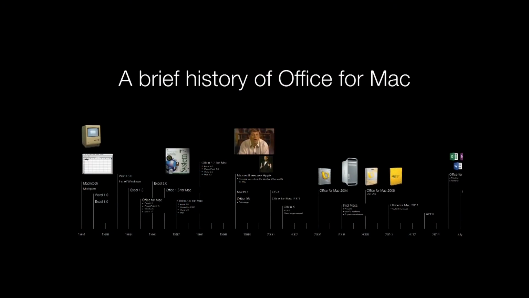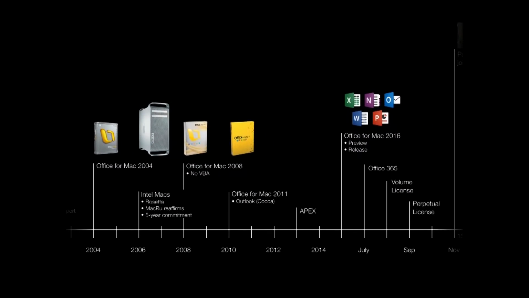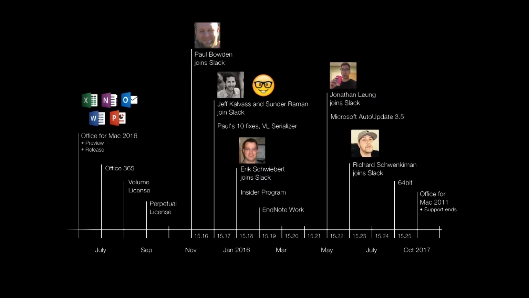All right, so last year I began my presentation with a brief history of Office for Mac, and as we reached the end, the Office 2016 preview for Mac was our only guide for what to expect. Let's continue this timeline and see what's happened since then. Paul joined the Mac admins team Slack in November, and since then, 5 more Microsoft developers have joined too.